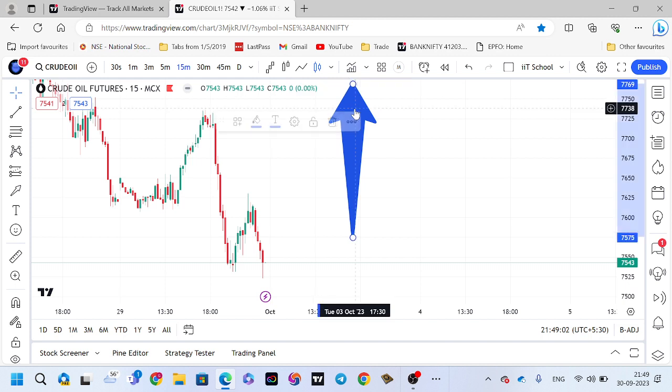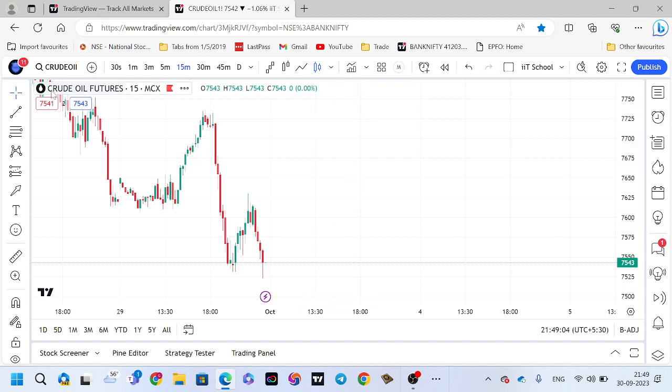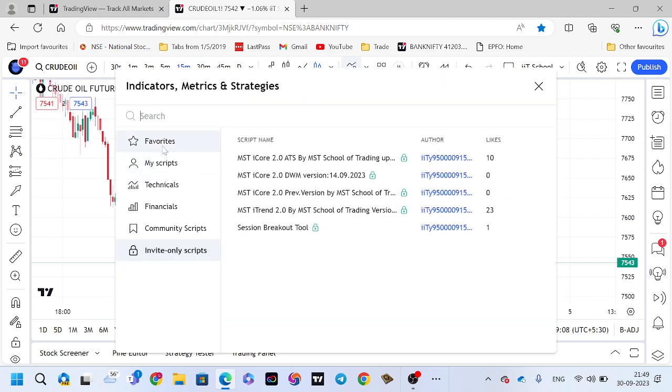Click on this indicator and you will find various options like favorites, my scripts, technicals, financial, community scripts and invite only. Go directly to the invite only scripts and select the first option.